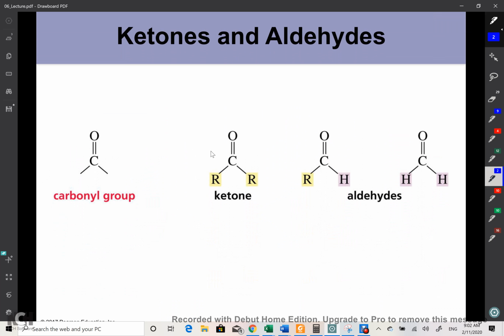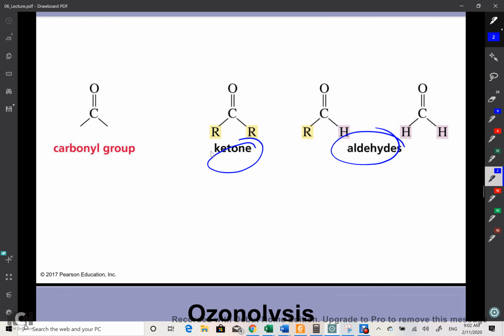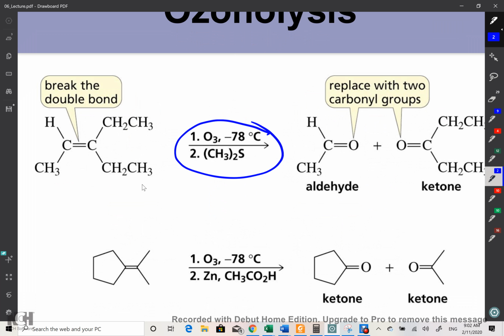So ozonolysis, like I said, will lead to the formation of a ketone or an aldehyde, depending on what kind of alkene you have. For example, let's look at this in detail. These are the conditions, the reagents for ozonolysis. Whenever you see ozone at a very low temperature in the presence of the sulfide, you should know that you're about to do an ozonolysis reaction.